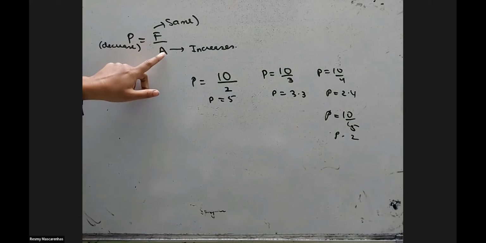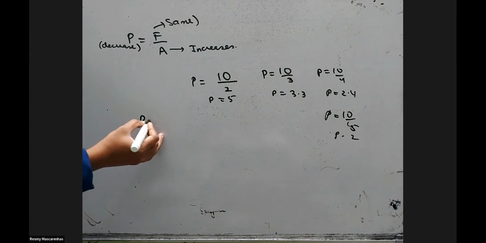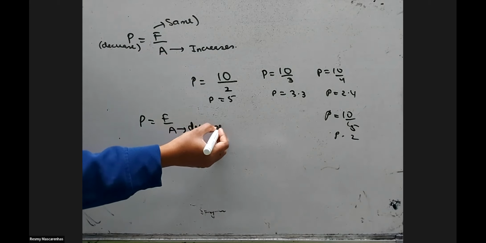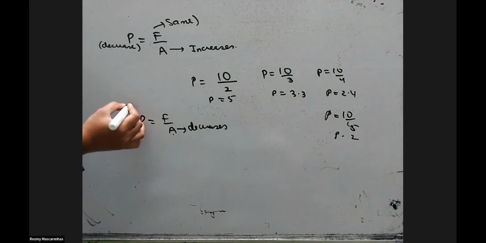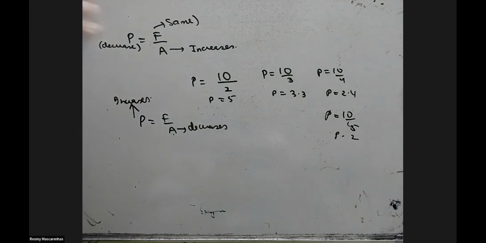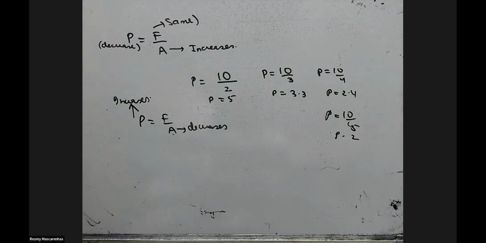Whenever you have an equation, if you increase whatever is in the denominator, whatever is in the numerator will decrease. But if area decreases, pressure increases. As you decrease the area, your pressure will increase.